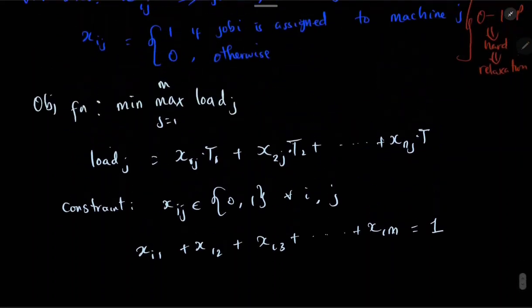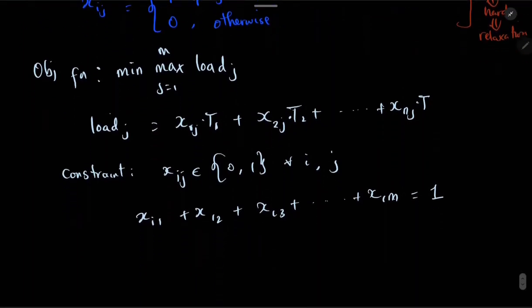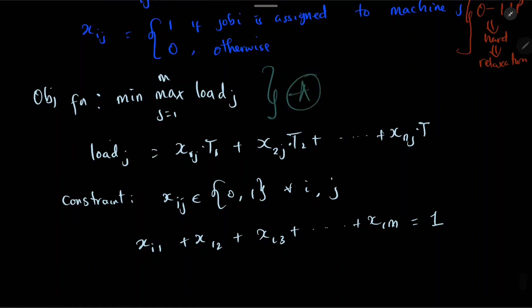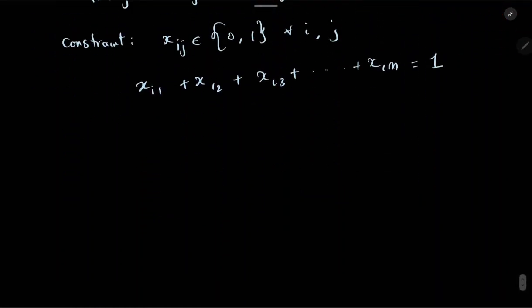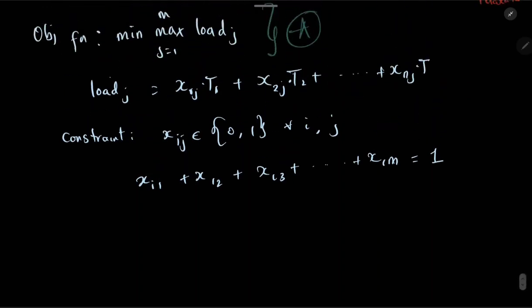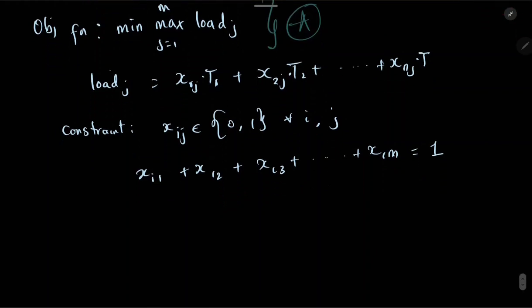So let's try to convert this to a linear form. Let's call it A. Let's try to convert A to a linear form. To convert it to a linear form, we want to take an extra variable, and let's call that extra variable min t, minimum t.